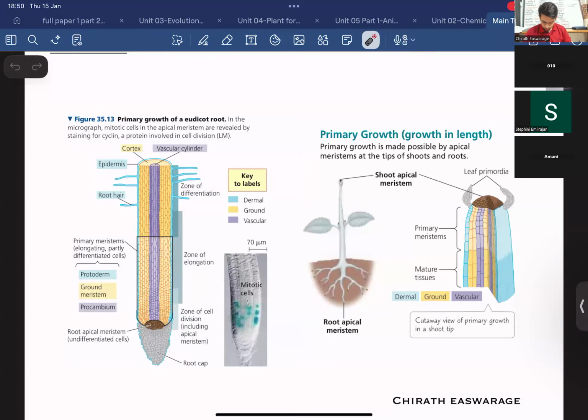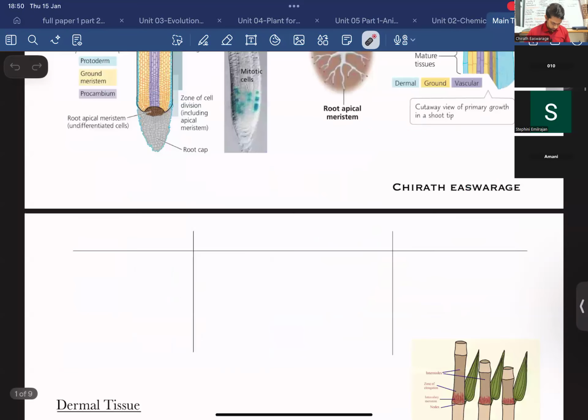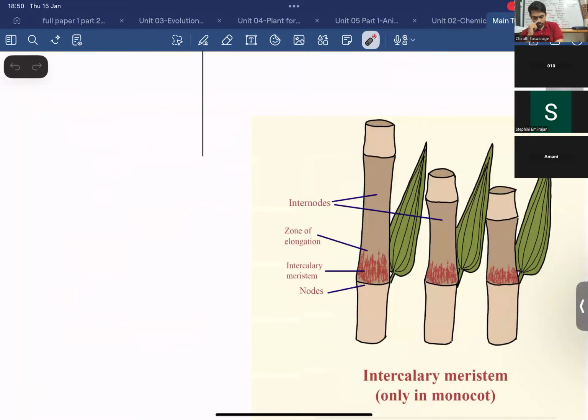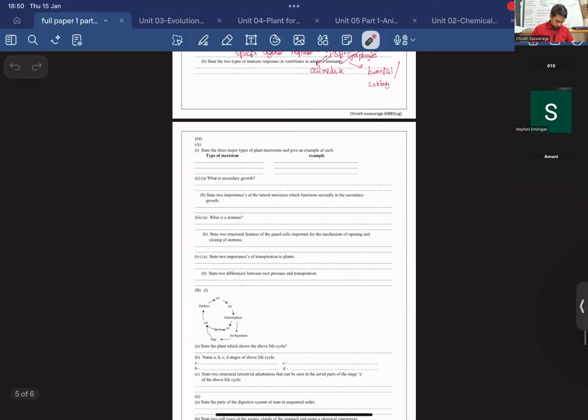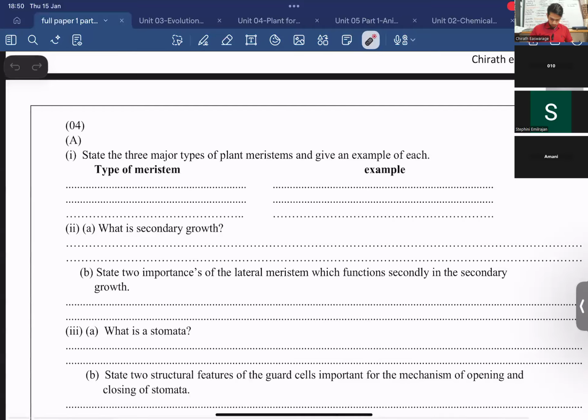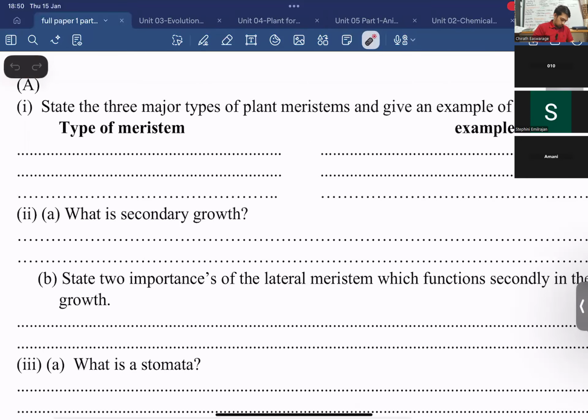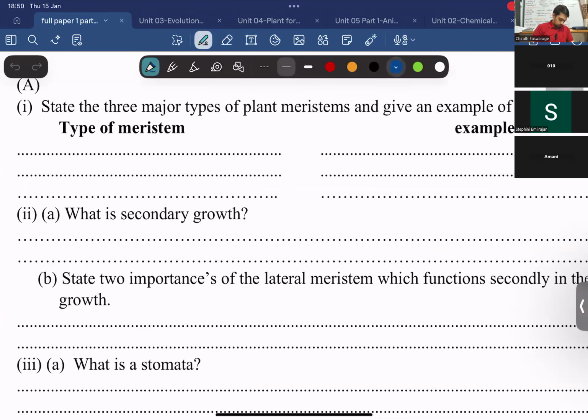You have lateral meristems that are going to increase the width of the plant. Then you have intercalary meristems that are found in your grasses, that are going to increase the internode length. Right. So 3 marks. Type of meristem, apical.